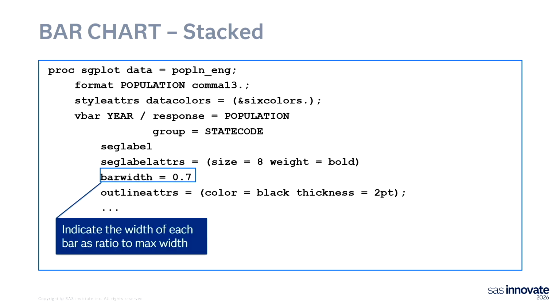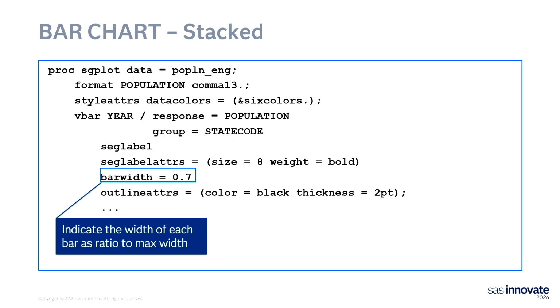And then we're going to control the bar width. The bar width is how much of the area the bar is going to take up. By default, the bar width is about 0.8. And so if you have 0.8 and you don't want it as wide, you can change that bar width. You can change it to 1, and 1 is going to take up the entire, what I refer to as a bin. When you have categorical data, you have this whole bin of area to put your information. So right now, the default is 0.8. We're going to change it to 0.7.